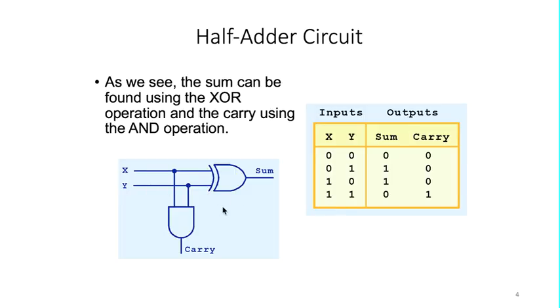So 1, 1 into the XOR gate, the output equals 0, because the two bits are the same. Now 1, 1 into the AND gate, the output equals 1. So we have the sum equals 0 and the carry out equals 1. Basically, the combination of the XOR and the AND gate with this structure forms a half-adder circuit.